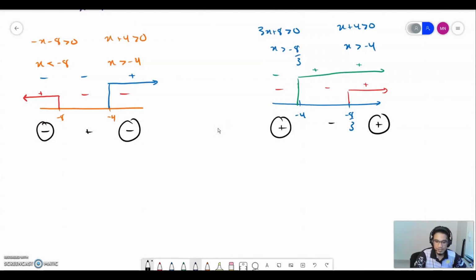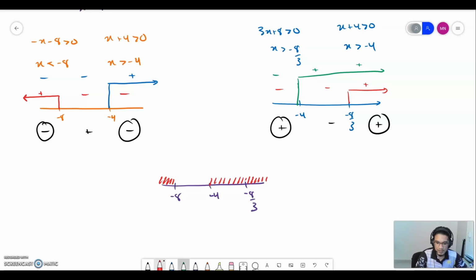So we know that the relationship between these two parts is "and". So we have here −8, −4, and −8/3. Okay, so we should see which regions intersect. From the positive part, negative infinity until −8, and −4 until positive infinity.